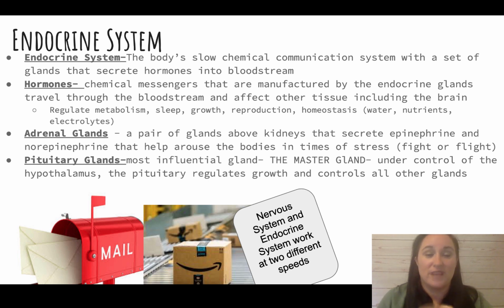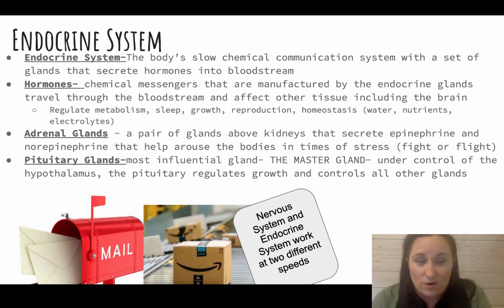So the endocrine system is our body's slow chemical communication system with a set of glands that secrete hormones into the bloodstream. So what are hormones? Hormones are chemical messengers that are manufactured by the endocrine gland. So it's made up of a bunch of endocrine glands. Honestly, you really don't have to know a lot of detail about all of them.